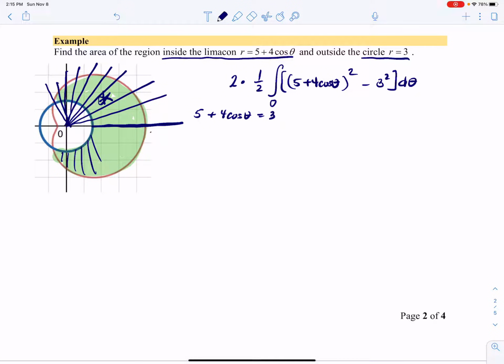So I'm going to set the r's equal to each other to figure out the values of theta where the r's are equal. So first thing I'll do is subtract 5 and divide by 4. Well, 3 minus 5 is -2, divided by 4 is -1/2. So where is cosine of theta equal to -1/2? Well, we know that that must occur in quadrant 2 or quadrant 3.